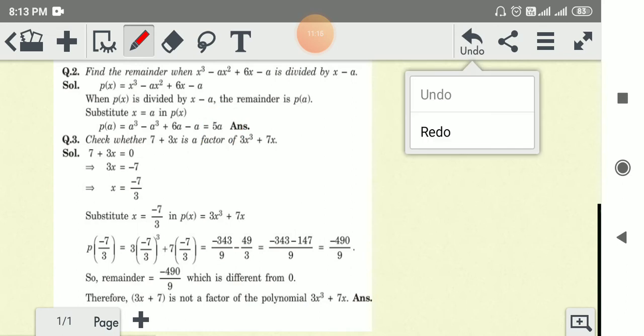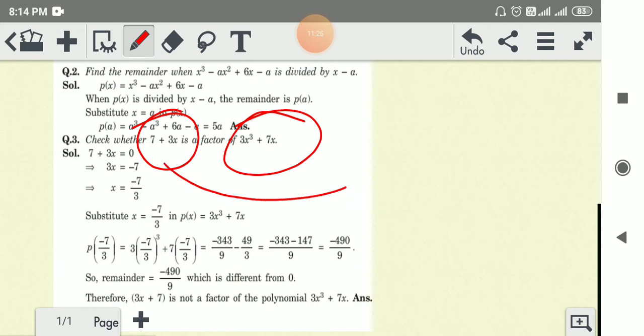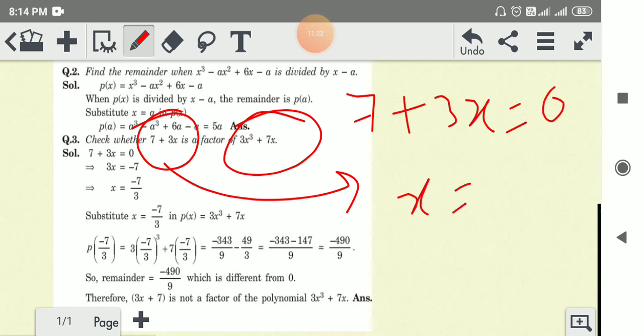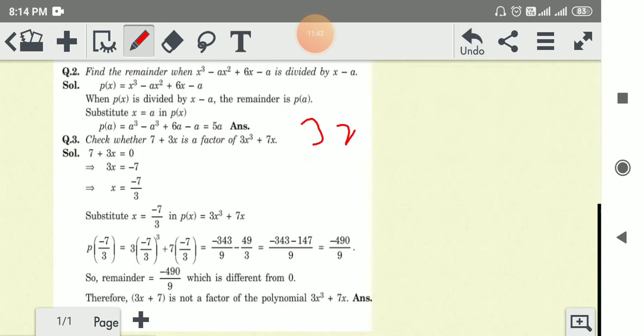Okay, now question number 3. Here this is the polynomial and this is the zero, so we get the value of zero from here. 7 plus 3x is equal to 0, then the value of x is equal to minus 7 upon 3. Now put the value of x in the given equation. The given equation is 3x cube plus 7x.